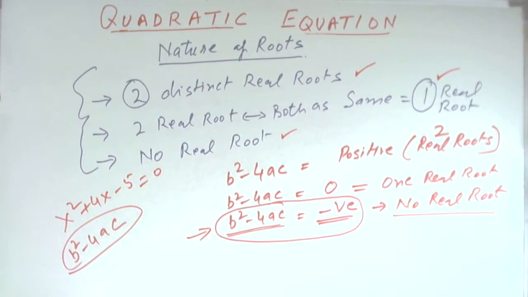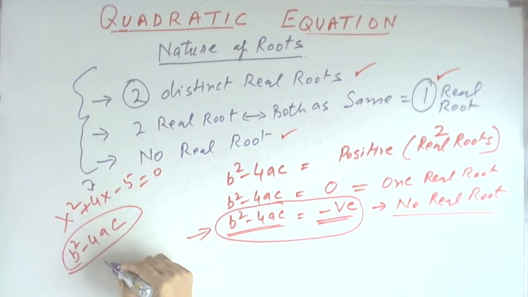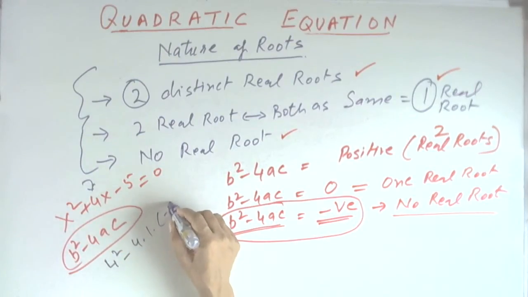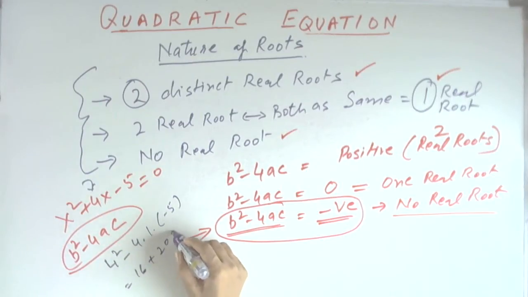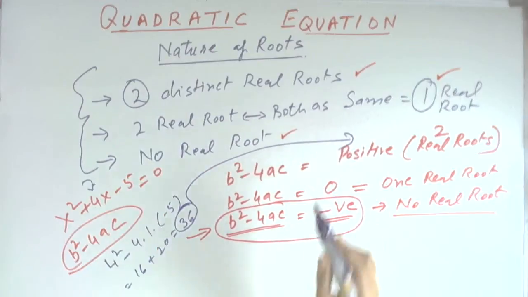In this case, b is 4, so 4 square minus 4 times a, which is 1, times c, which is minus 5. So this is 16 plus 20, which is 36. So this 36 is a positive value, hence it will have two real roots.